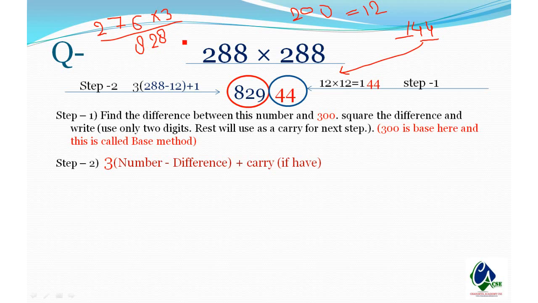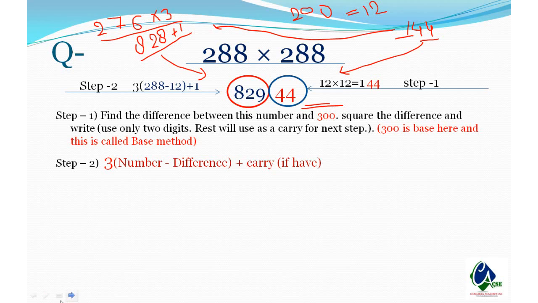We have one carry, add here, plus 1, 829. So the square of 288 is 82944. This is our answer.